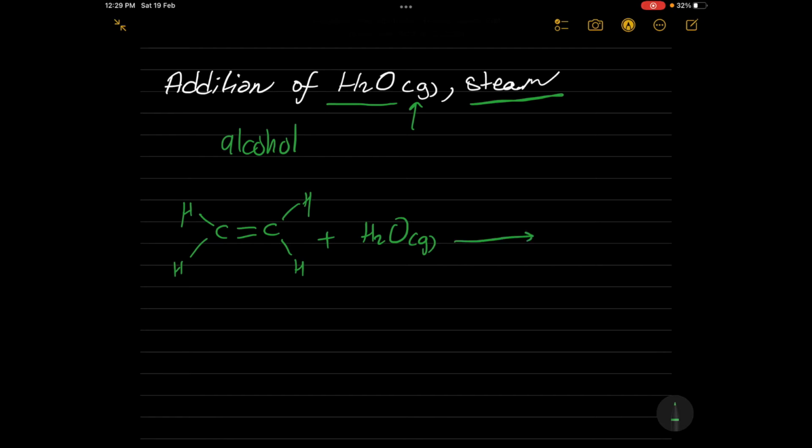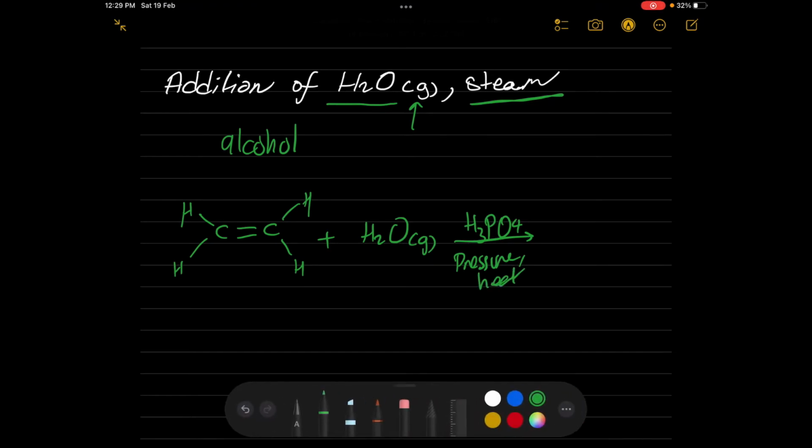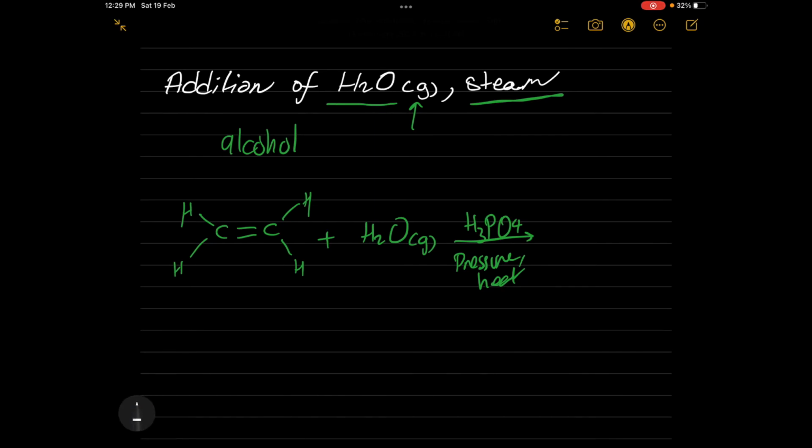And in this case, we have some conditions for this reaction. So the conditions are, we use a catalyst, which is phosphoric acid, H3PO4, and you must apply pressure and heat. Once you apply these conditions, you will get the following. You just notice that the water molecule looks like this, H-O-H, right? You just know that the hydrogen is partially positive, and the oxygen is partially negative.